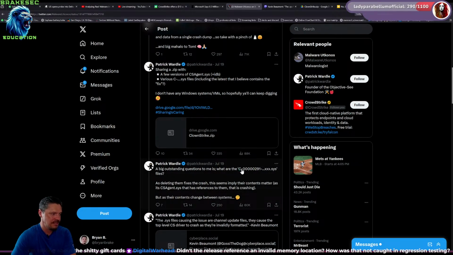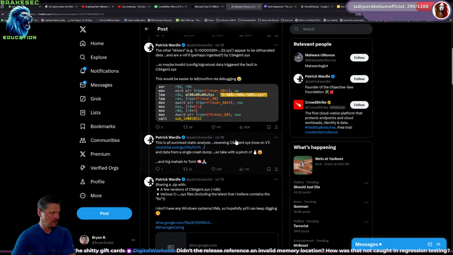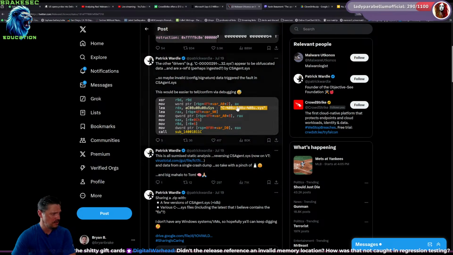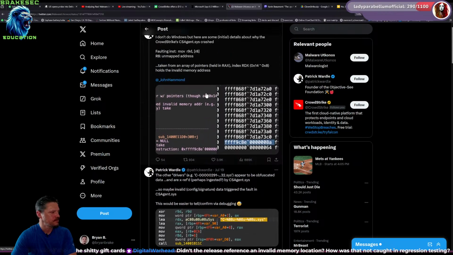I didn't get to see what is inside these sys files. It feels like they get read in during startup, and there's some issues there. This other drivers obfuscate data and xref by CSA. So maybe invalid signature data triggered the faults in the CSA agent. This would be easier to confirm via debugging.